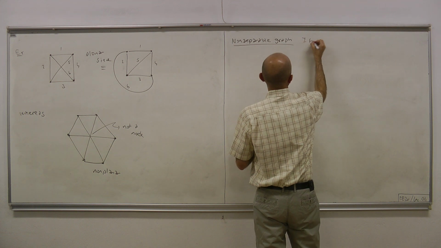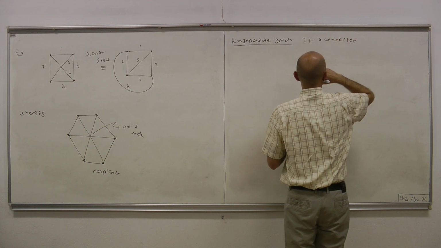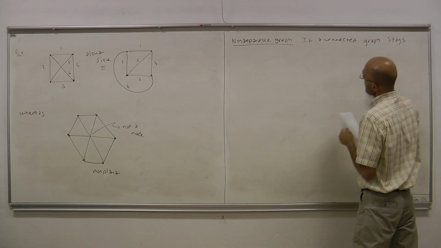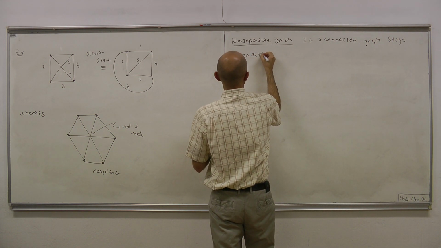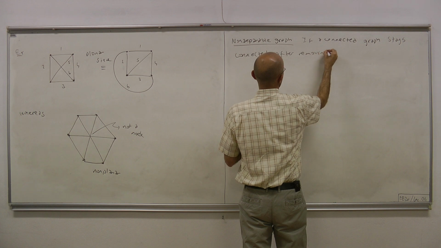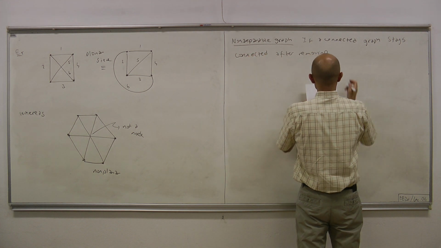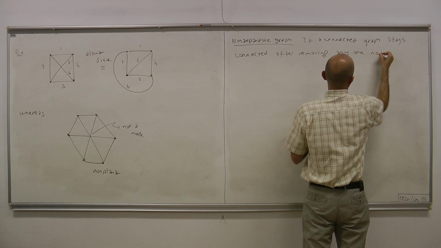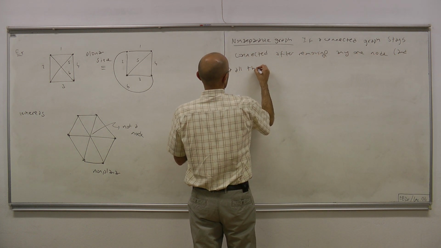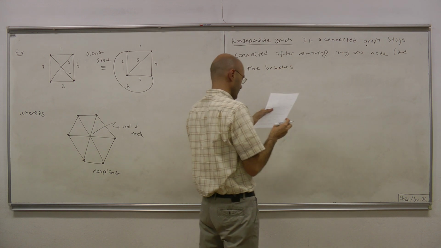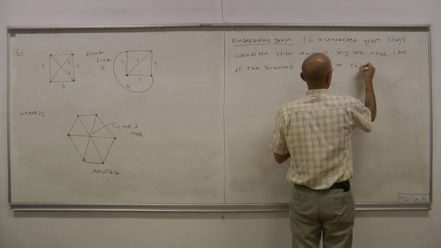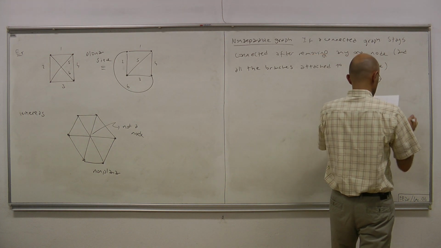If a connected graph stays connected after removing any one node and all the branches attached to that node, then it's non-separable.